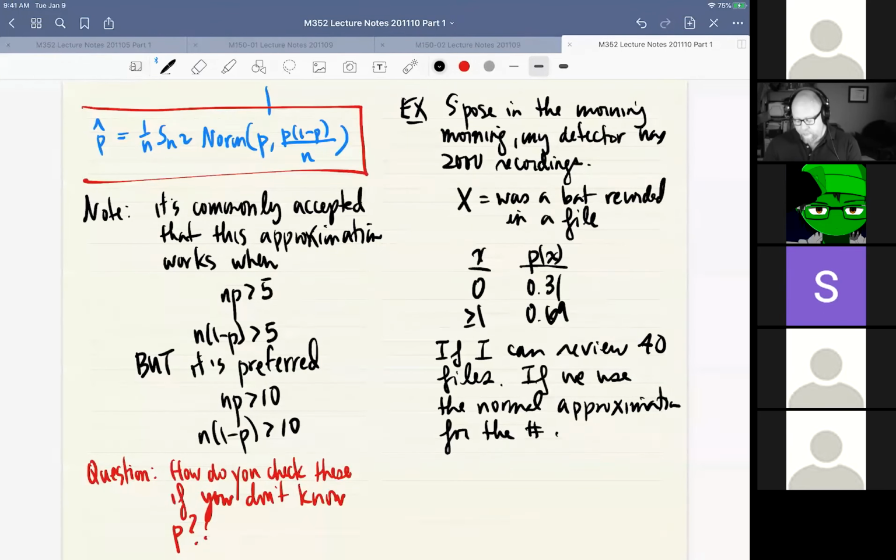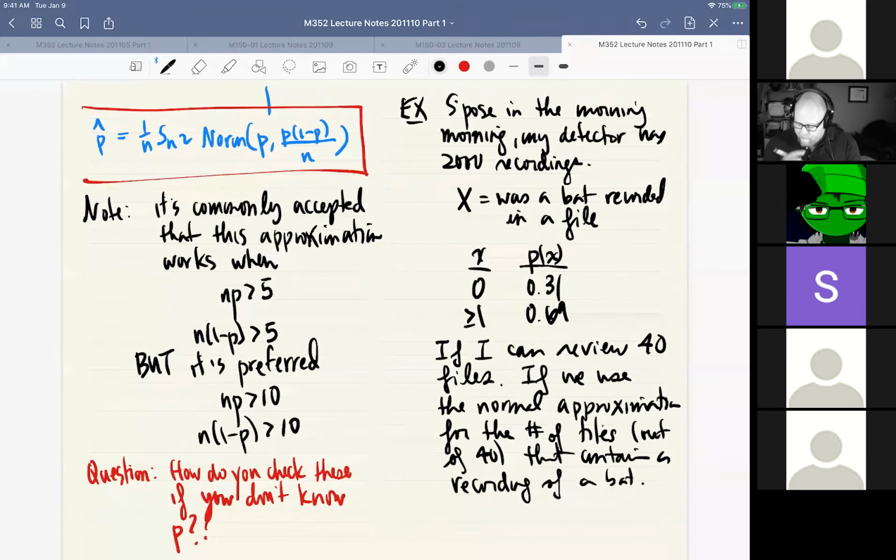for the number of files out of 40 that contain a recording of a bat. So notice this is like a binomial distribution, sample size 40 with probability 0.69.